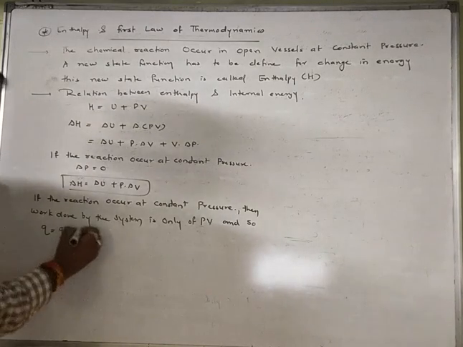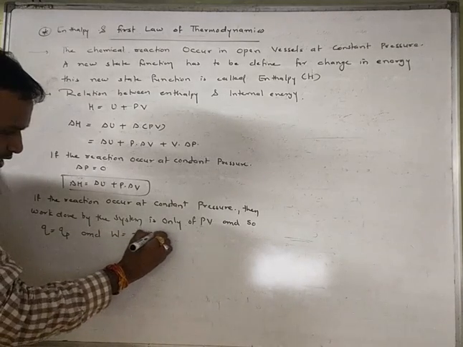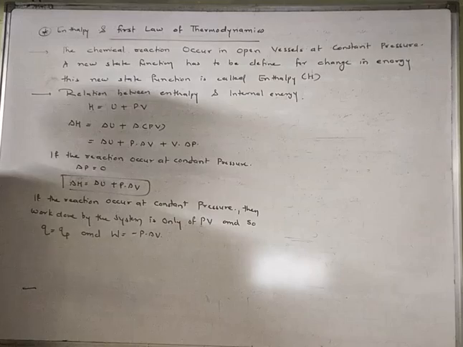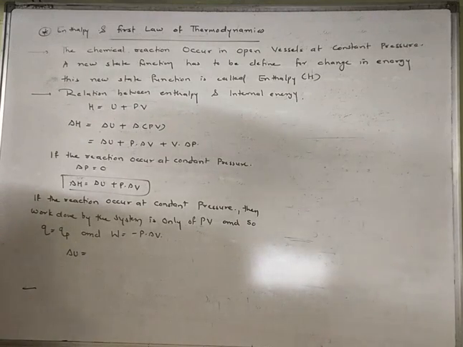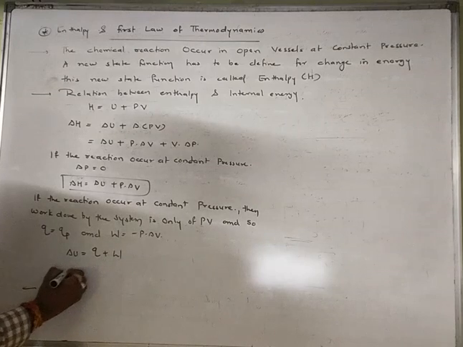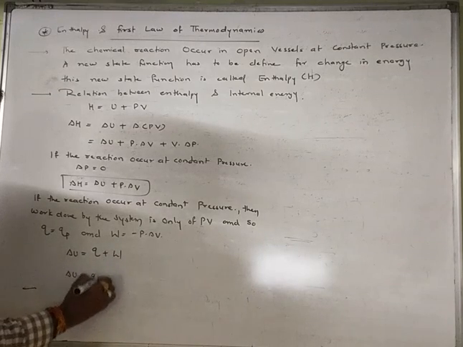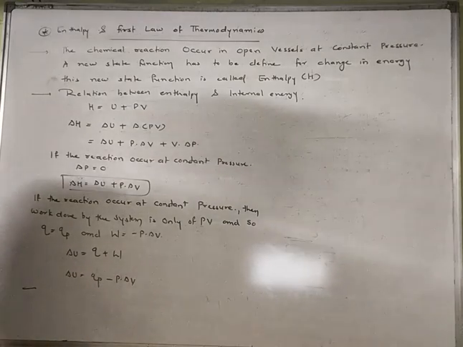And W equals minus P into delta V. Why minus? Because work is done by the system. So I can write down here that delta U equals what? Q plus W. Put the value. Delta U equals QP minus P into delta V. Understand?